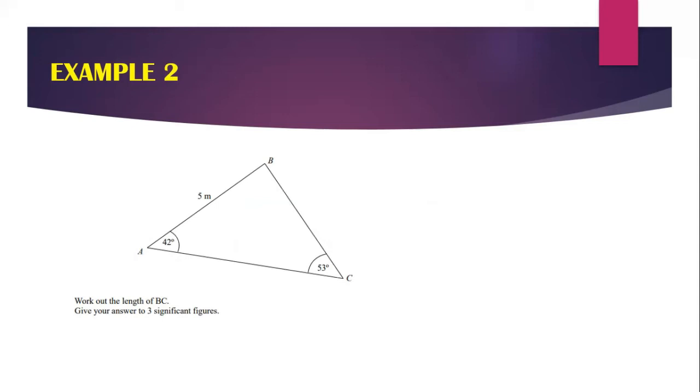So what about the sine rule for this scalene triangle? 53 degrees is opposite to 5 meters, and 42 degrees is opposite to side BC, right?